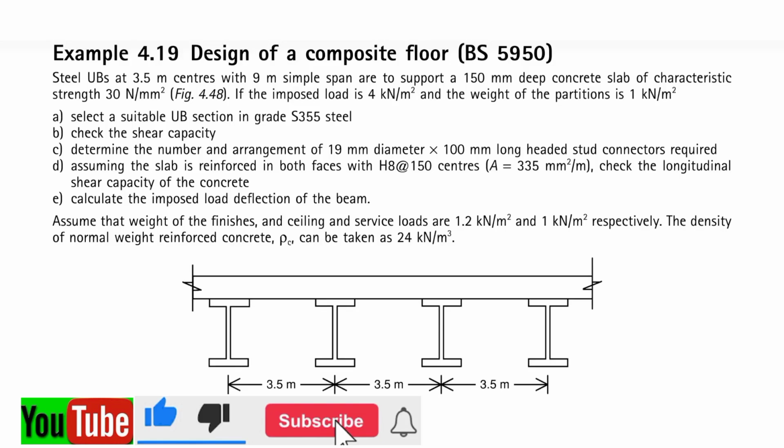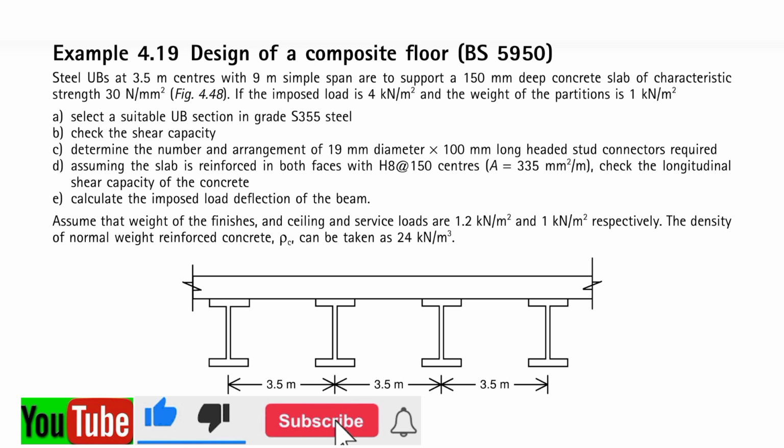Today we are going to design a composite floor, and the question of today says this: steel universal beams at 3.5 meters centers with 9 meters simple span are to support a 150 millimeters deep concrete slab of characteristic strength 30 newtons per square millimeters, as shown in the figure below.